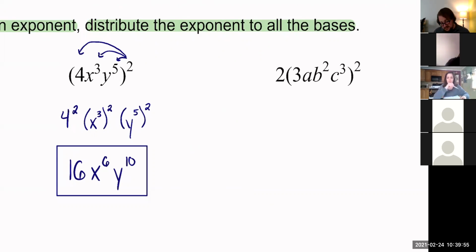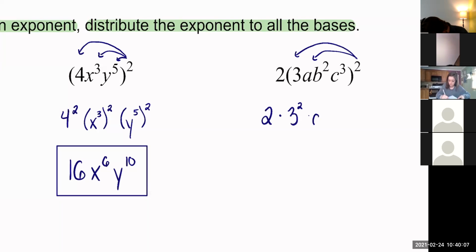So 2 is going to drop down. Everything else, however: 3 is going to get an exponent of 2, a is going to get an exponent of 2, b to the power of 2 is going to get an exponent of 2, c to the power of 3 is going to get an exponent of 2.